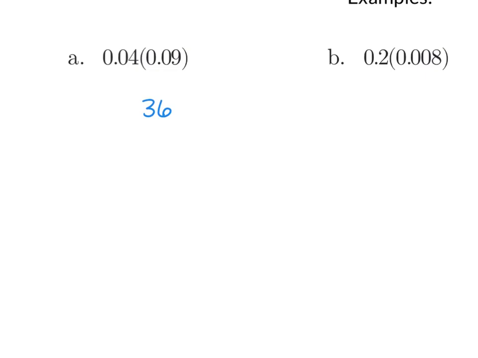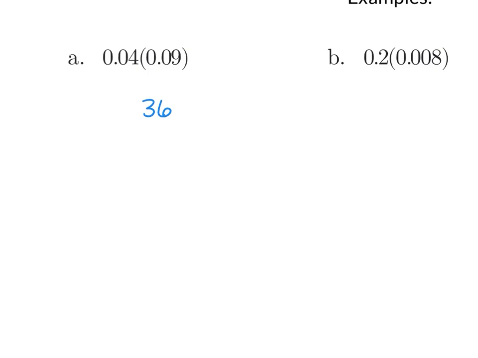And now I need to know how many decimal places do I need. This number, 0.04, has 2 decimal places. 0.09 has 2 decimal places as well. That is a total of 4 decimal places. That means we need 4 digits after the decimal point.